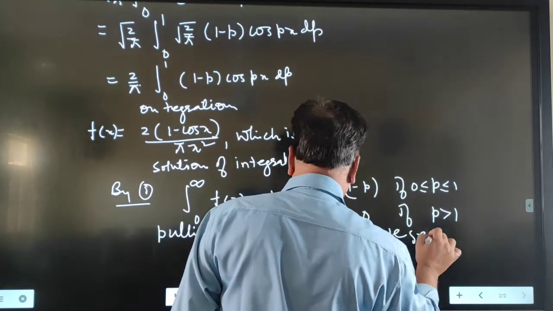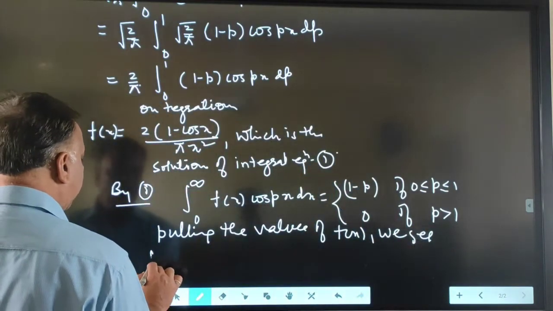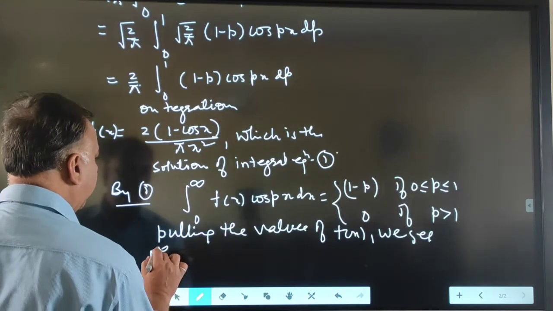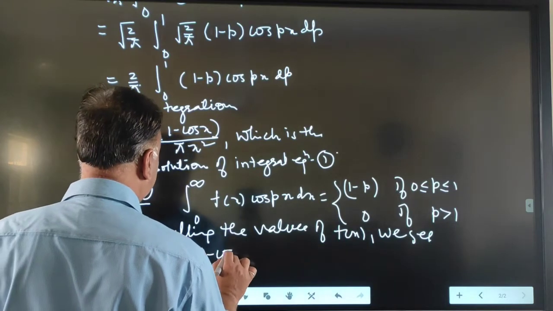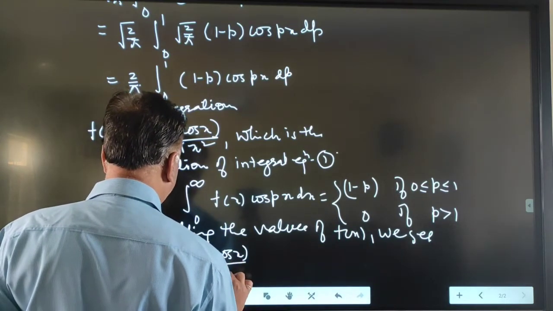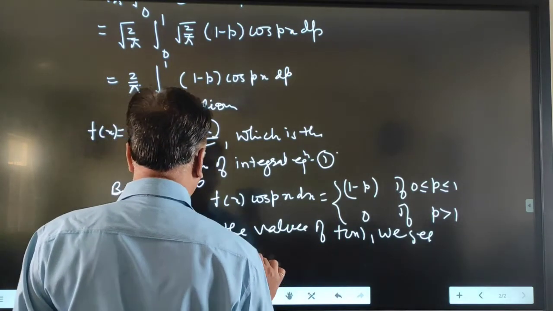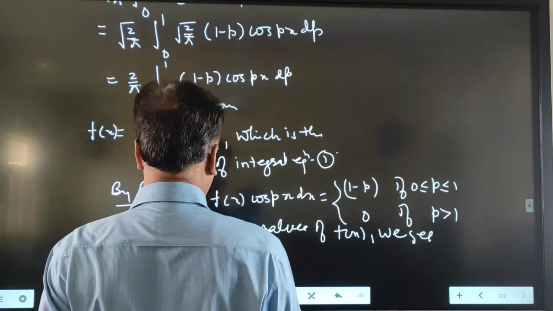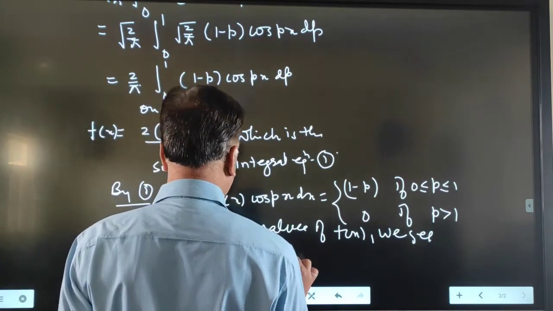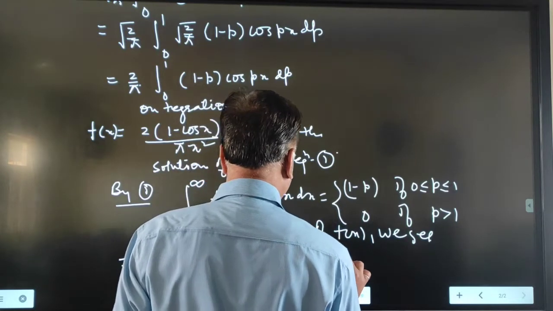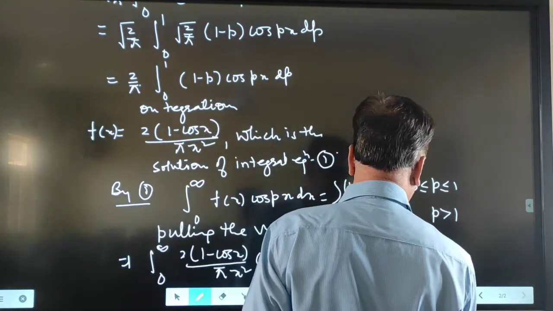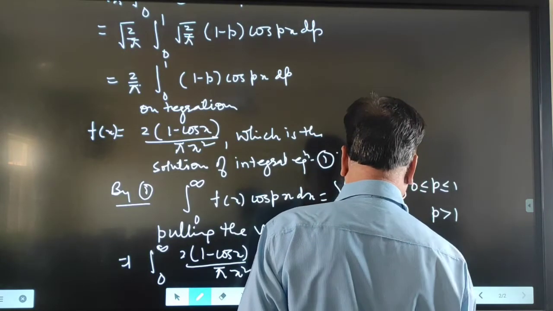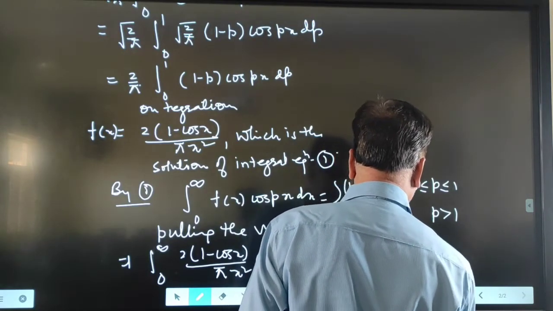Now putting the value of f(x), we get integral 0 to infinity, f(x), that we have found, 2 into (1 minus cos x) upon pi x square, this is f(x), and cos px dx is equal to 1 minus p if p lies between 0 and 1, and 0 if p is greater than 1.